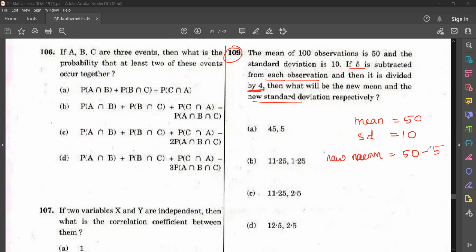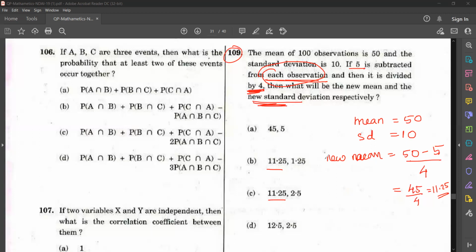If you are dividing by 4, divide that by 4. So it is 45 by 4. So for the new mean, whatever operation you are doing to each observation, do that to the original mean. So subtracted 5, divided by 4, you'll be getting 11.25. You'll be getting the new mean as 11.25. So we have two options with 11.25. Now, new standard deviation.